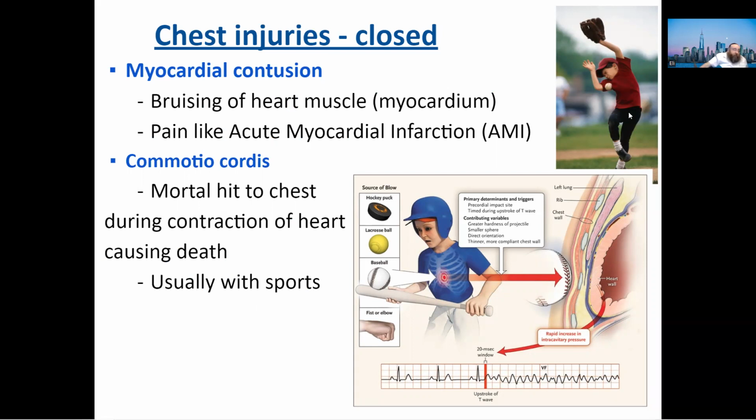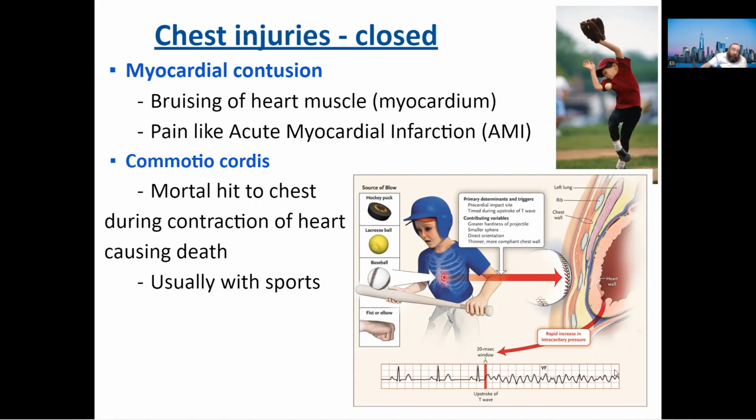This happens occasionally in professional sports. It has been documented and seen. The person that gets hit can drop in cardiac arrest.